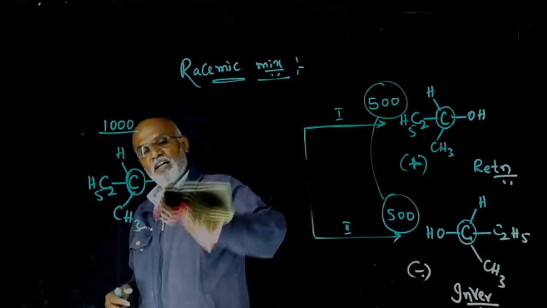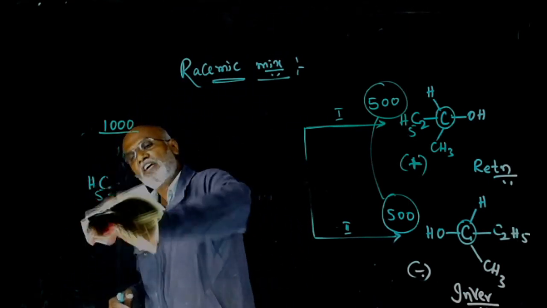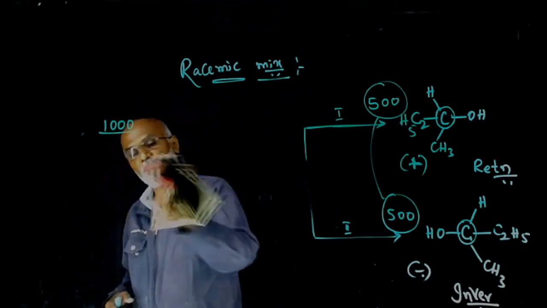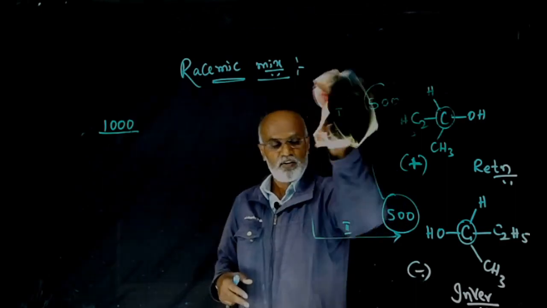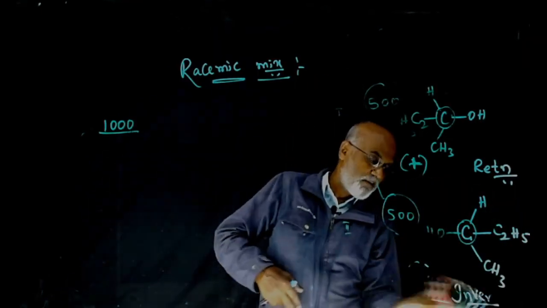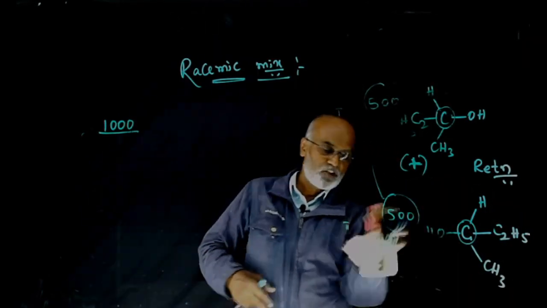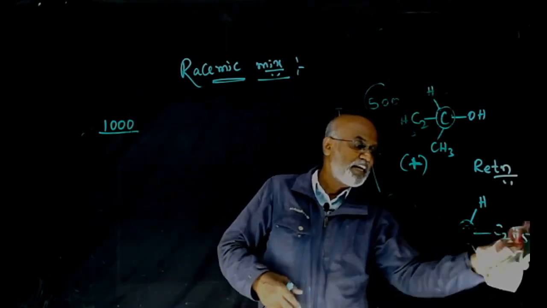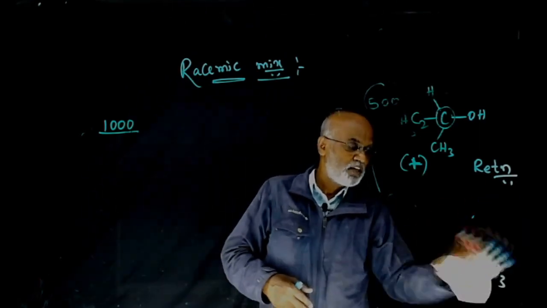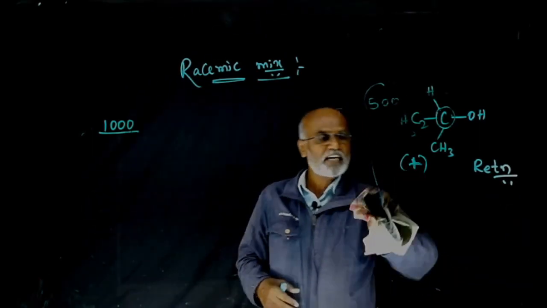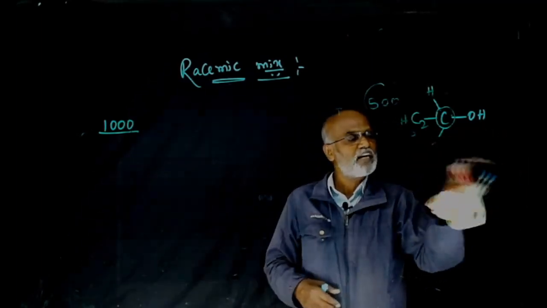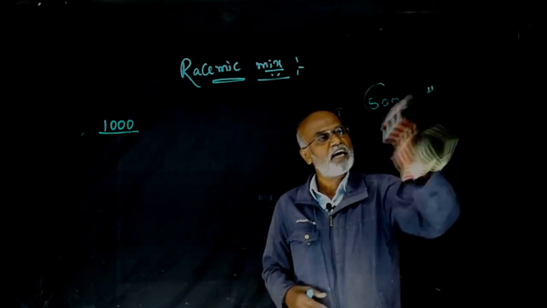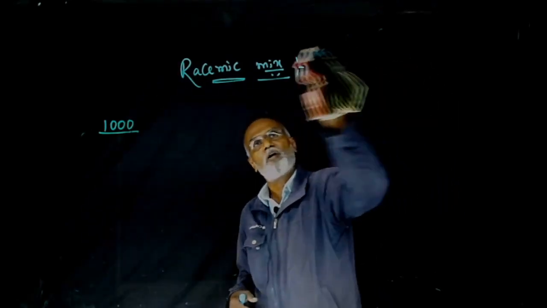So the optical inactivity of racemic mixture is because of external compensation. A mixture containing equimolar quantities of both plus and minus isomers of the same compound which is optically inactive is known as racemic mixture. Racemic mixture is optically inactive because of external compensation, that is, the rotation caused by one isomer is compensated by the other isomer of the same compound.